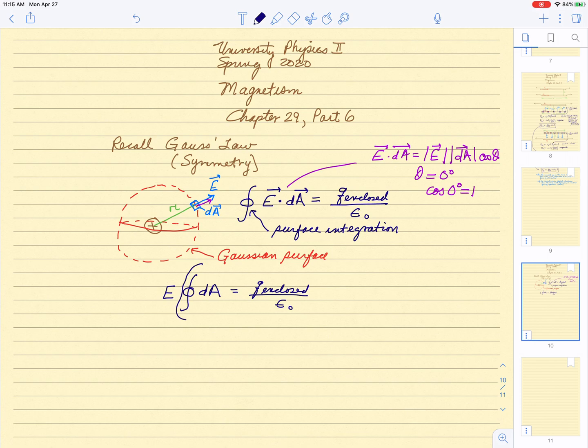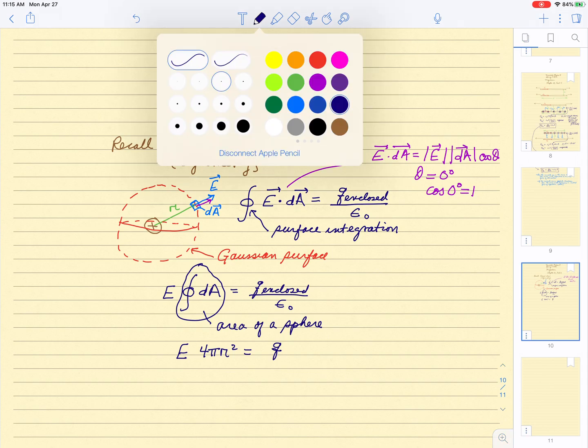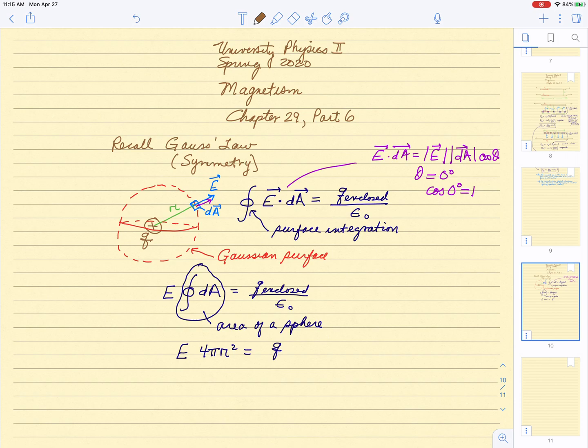This was nothing more than the area of a sphere. And so then this just became E 4 pi r squared. The charge enclosed is nothing more than this charge Q. And so that's Q over epsilon naught. If we solve for E, that's just going to be 1 over 4 pi epsilon naught Q over r squared. And we remember that that is the electric field strength and magnitude of a point charge.